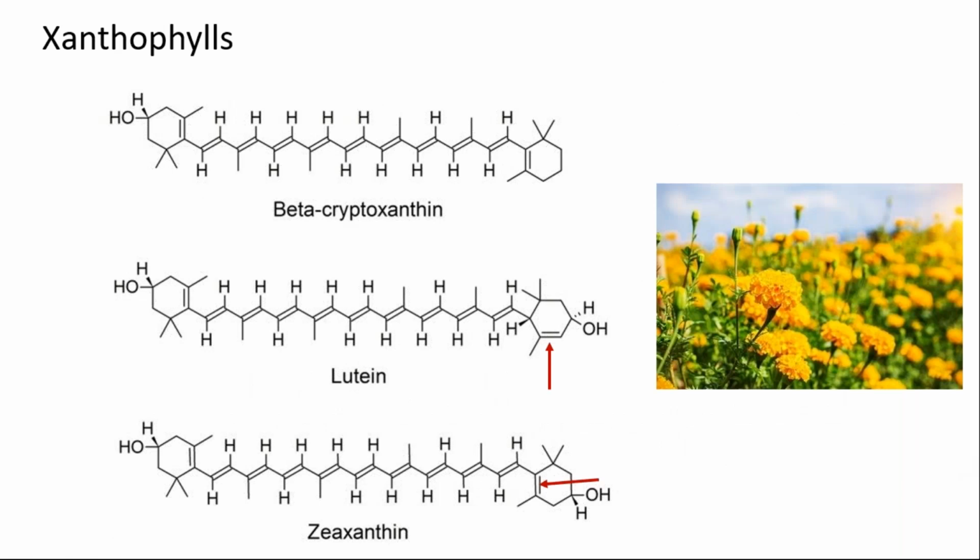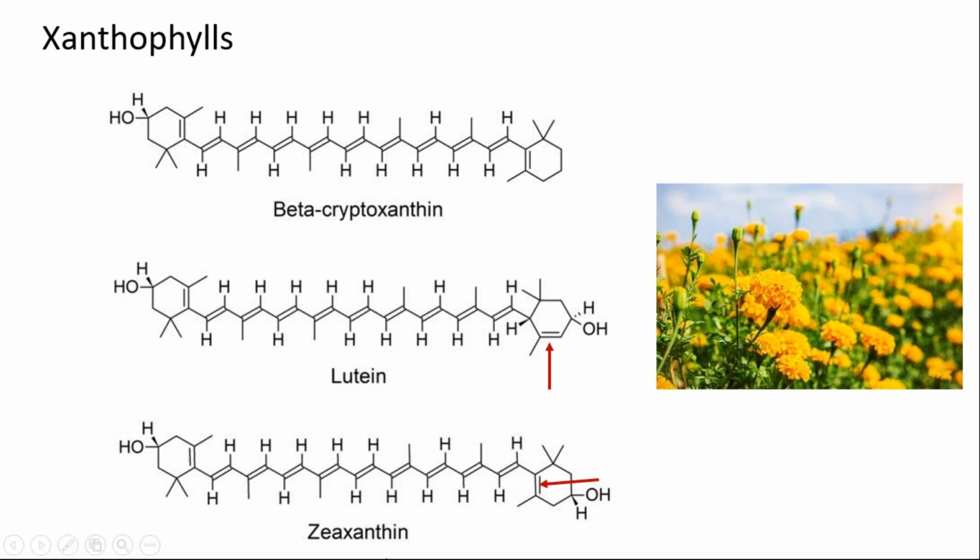Lutein and zeaxanthin are the most important xanthophylls because they are antioxidants and play a vital role in preventing age-related macular disorder in the eye, especially due to diabetes mellitus and stress, and they are able to scavenge oxygen radicals.